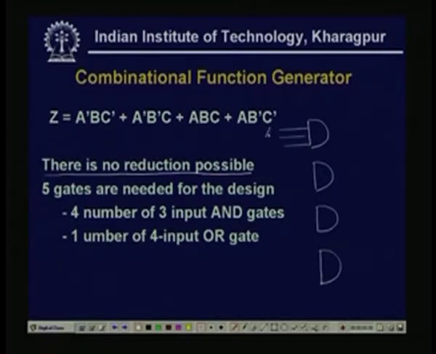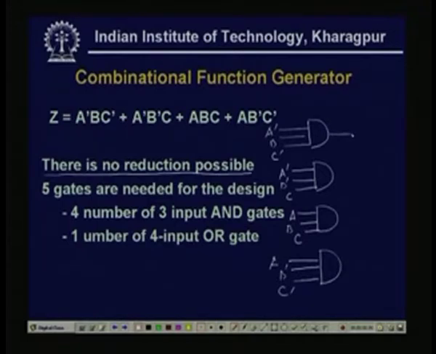Here it is A dash B C dash, this is A dash B dash C, this is A B C, this is A B dash C dash.